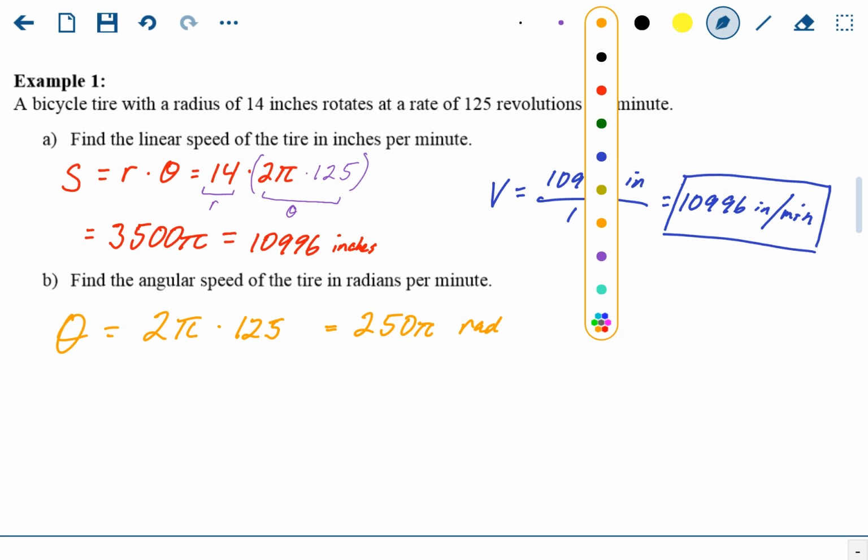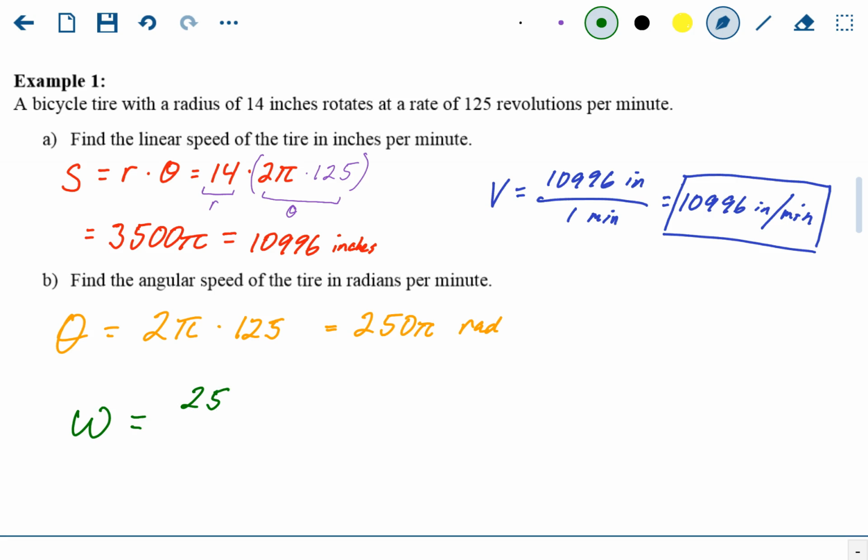All right, and then plug it into the formula. Again, you could change the pi out right now, or you could do it later. We'll do it later on this one. So omega, the angular speed, is going to equal 250 pi radians per minute over 1 minute.